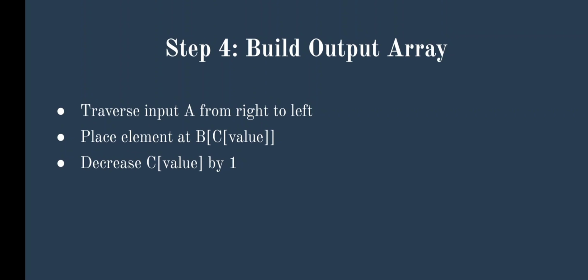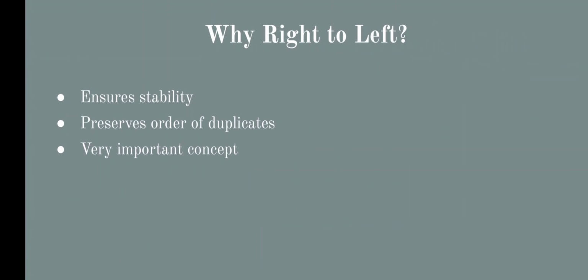That is why we are traversing from right to left, and then we will place the element B of C of A[j]. I will show you the full algorithm in the next step, and then we decrease the value by 1 and keep iterating and traversing the array to build the output.